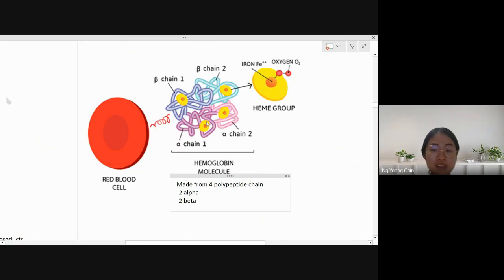You can see this is the structure. So these 4 polypeptide chains will join together to form one hemoglobin molecule.